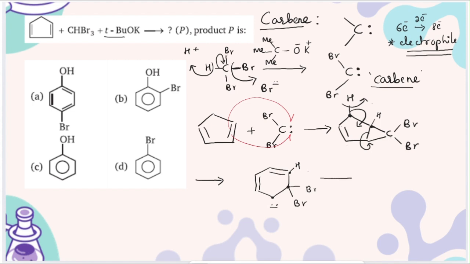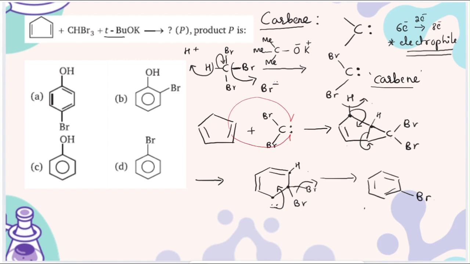Now look at this. This can form an aromatic molecule by undergoing a kind of elimination. The double bond is formed here so that the bromine will get eliminated. And look at this, out of 2 bromines, only one is being eliminated. The double bond is formed over here and this bromine is as it is, like this. We got alternating single and double bonds.